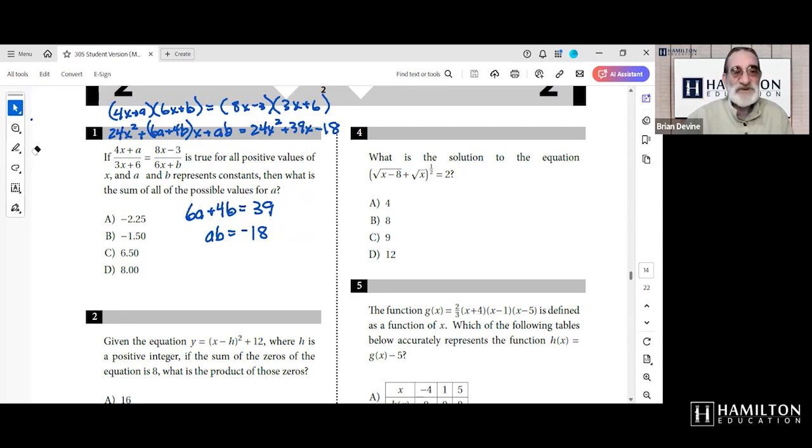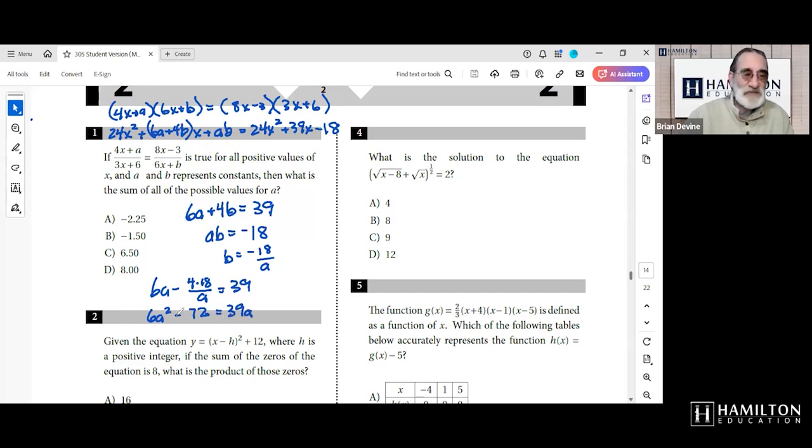But now that I have a system, I know that b could be written as negative 18 over a. So now I'd have 6a plus, actually minus 4 times 18 over a is going to equal 39. Then multiply that whole thing by a, and I'll have 6a squared minus 4 times 18, which is 72, would equal 39a.